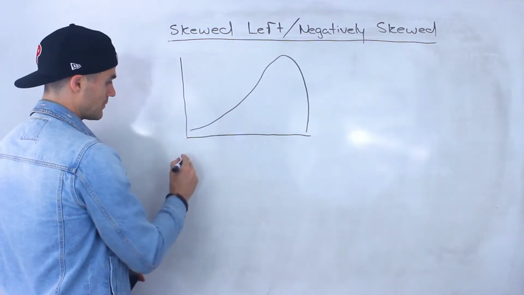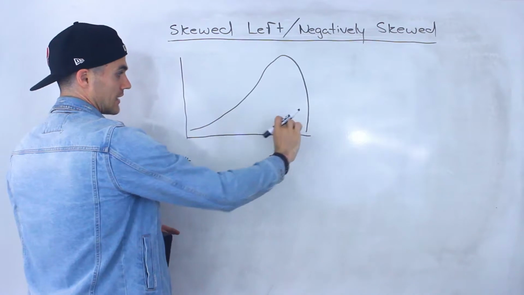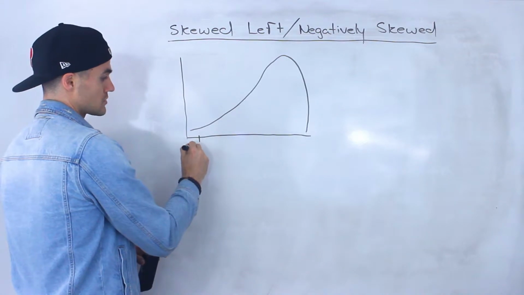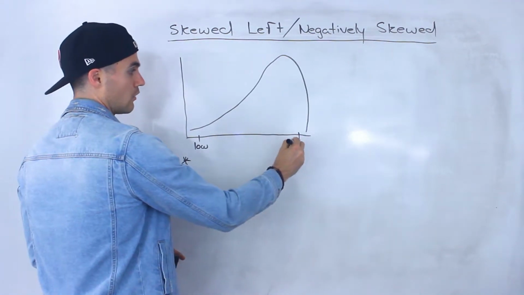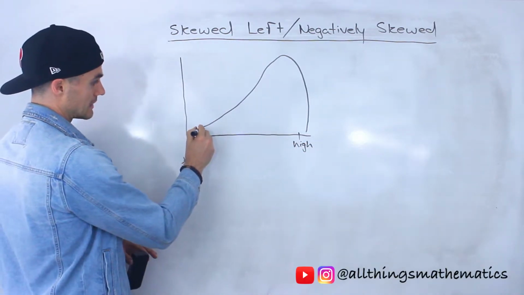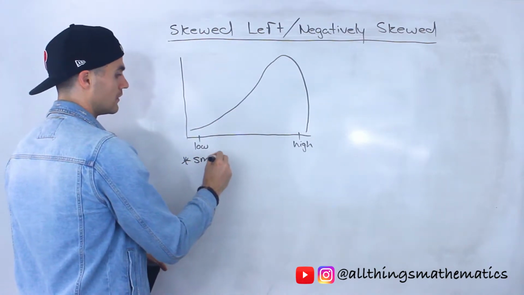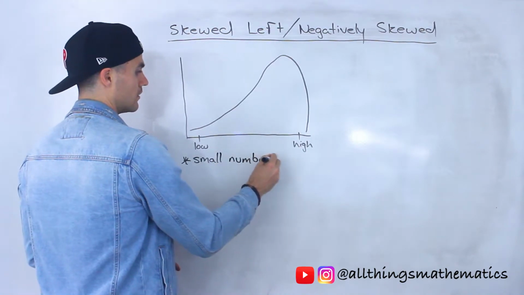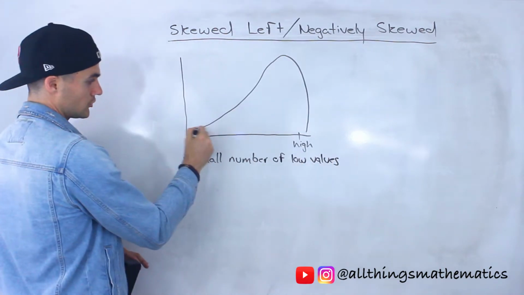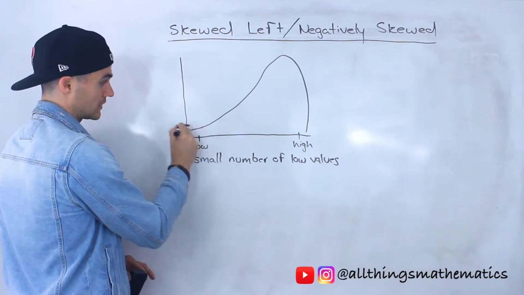And to describe it in words, remember that this here is going to be the intervals of the quantitative variable that we're looking at. All of the lower values are going to be here, and all the higher values are going to be there. In this kind of distribution, there is a small number of low values, because notice that the frequency on the y-axis here is really low.